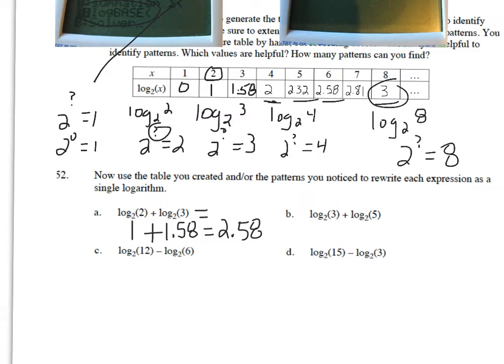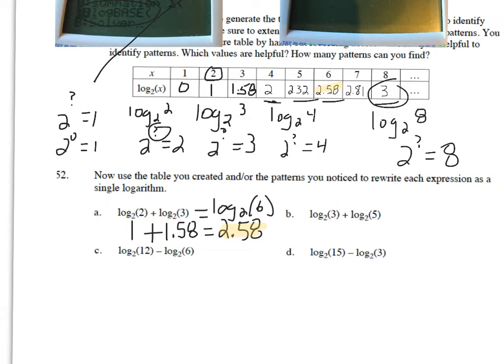If we take a look at our table, 2.58 is the log base 2 of 6.